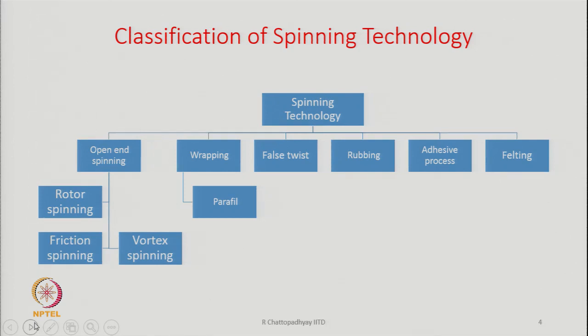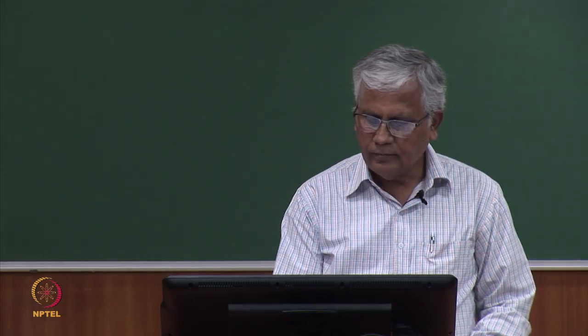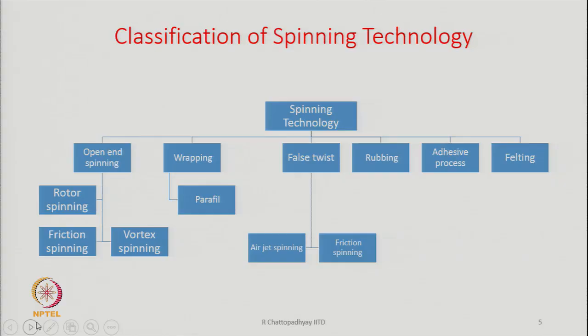We will learn about them in details later on. In parafil spinning, a filament is wrapped around a bundle of fibers. Then under the false twist principle, there are two methods available: air jet spinning and also friction spinning. So, you can see that friction spinning is here and friction spinning is there.